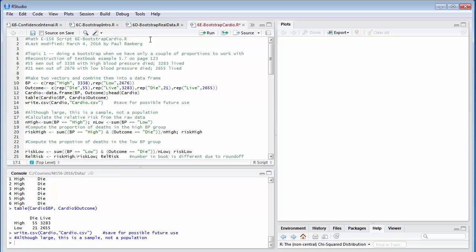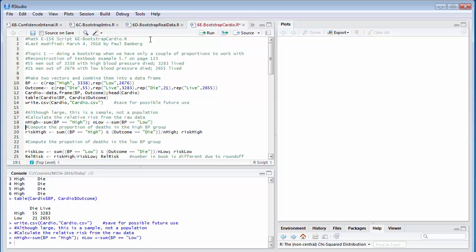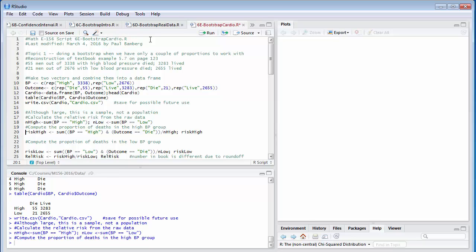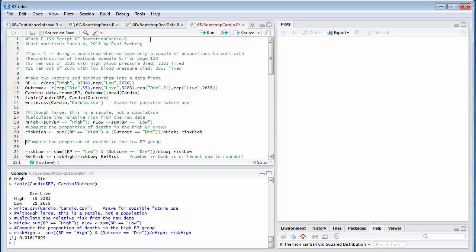First, let's compute what I guess is technically called the relative risk from the raw data. I'll compute the number of high blood pressure men and the number of low, and then I will compute the proportion of deaths in the high blood pressure group. That's 0.016 deaths.